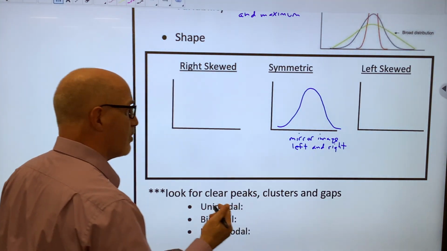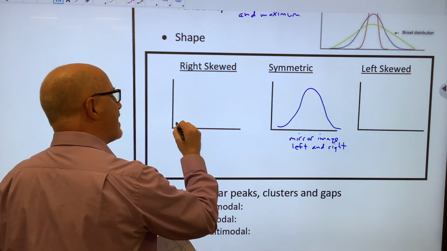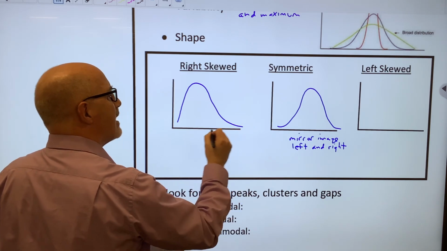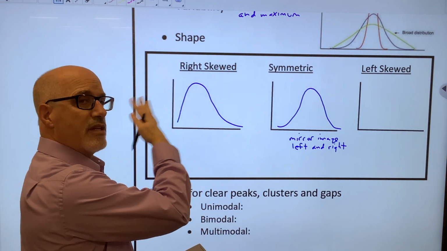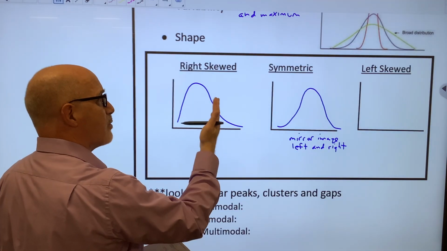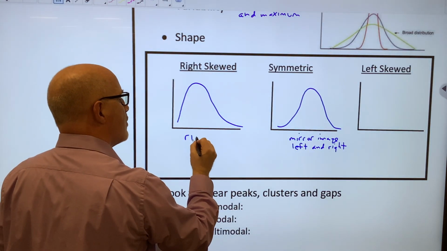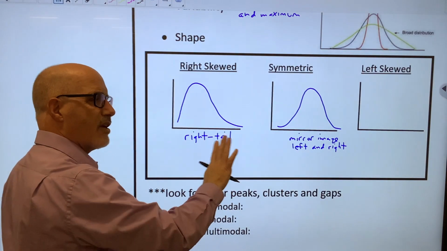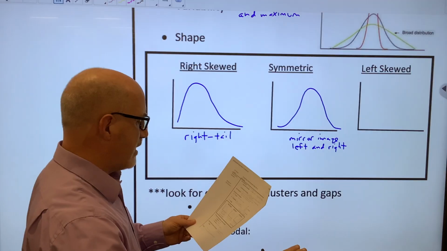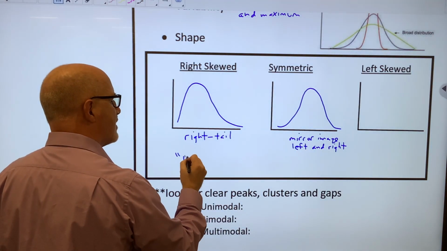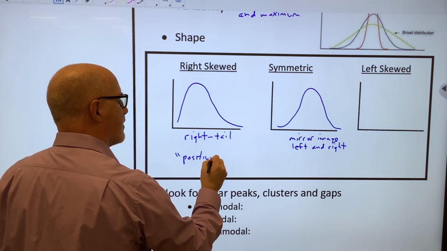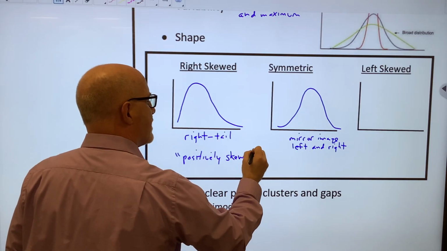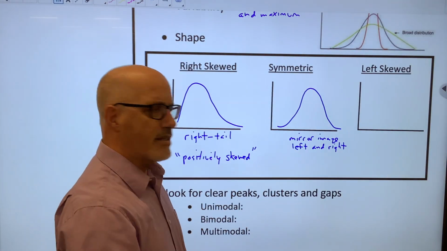Now, right skewed: when we look at this, we want to think of a right tail. What we see on this one is that you have the mountain of data on the left side, and that's why people get confused, because right skewed means that you have a right tail. So the tail is on the right side. Sometimes this will be called positively skewed, because the skewed part, the tail, is going toward the positive side.